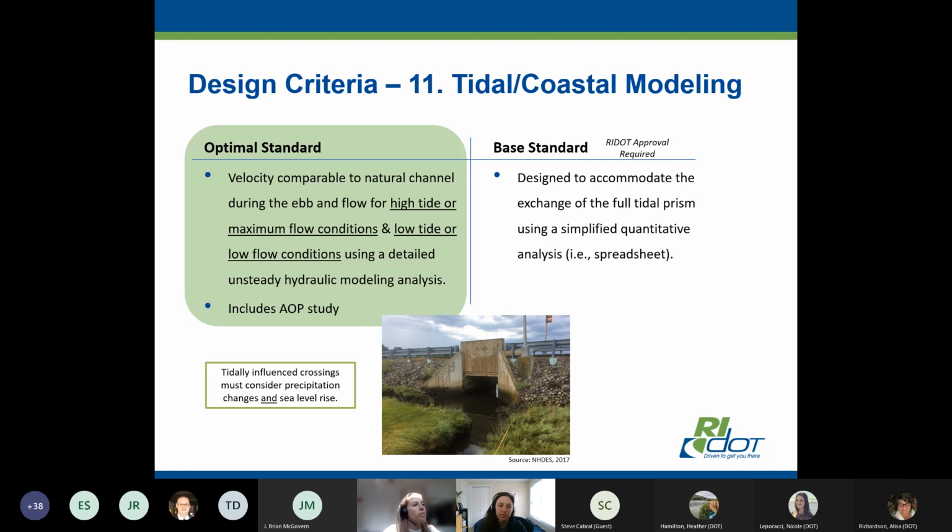So your max flow condition might not be at high or low tide. It actually is probably more likely that it's during the exchange from high to low. And to meet the optimal standard, you need to do that by using a detailed unsteady hydraulic modeling analysis.